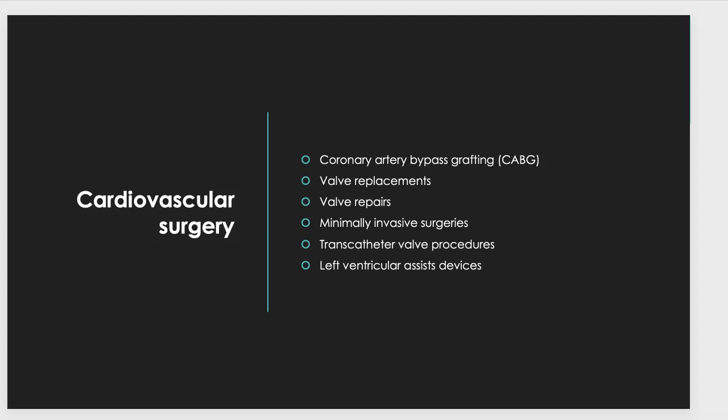There's minimally invasive surgeries and now transcatheter valve procedures where we can use small incisions through the groin, use catheters to replace heart valves.